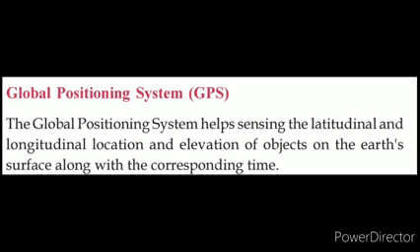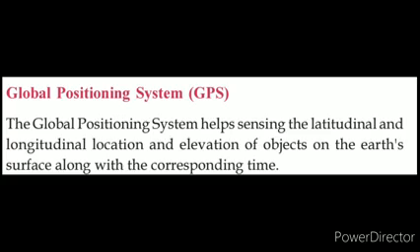The satellite-based navigation system was introduced by the United States of America, and that system is known as Global Positioning System or GPS. The GPS ensures the latitudinal and longitudinal location, the elevation of the object on the surface, and the corresponding time.